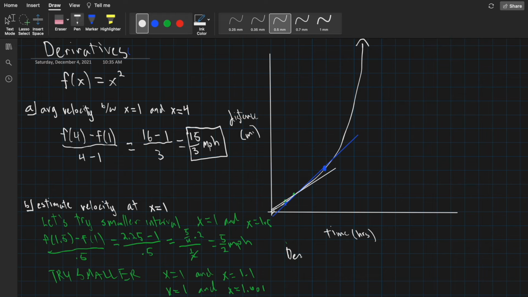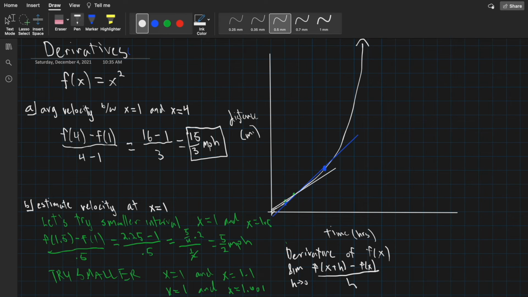The derivative of f of x is defined by the limit as h approaches 0 of f of x plus h minus f of x, all over h. So let's really think about what we're describing here.